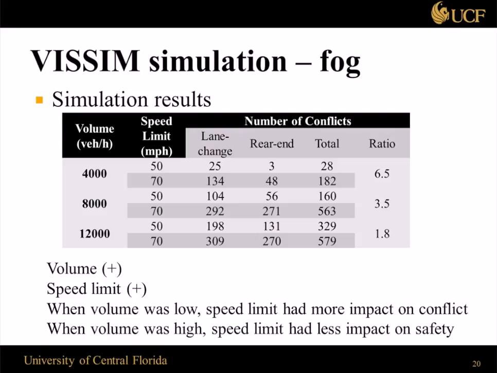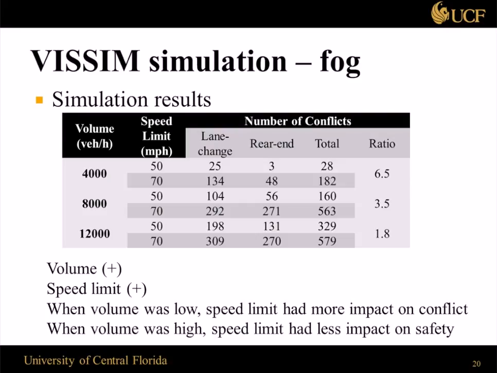But when the volume was very high, the speed limit has less impact on safety. You see here, when the volume was 12,000 vehicles per hour and the speed limit is 70 miles per hour, the crash number under this condition is only 1.8 times compared to the speed limit of 50 miles per hour.